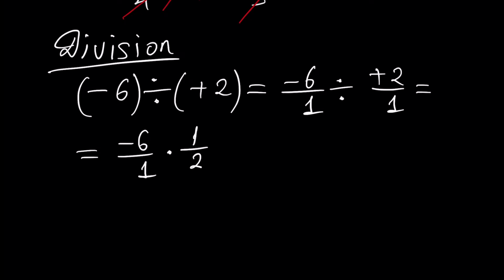We just have to interchange numerator and denominator here, and here we have sign minus, and here we have actually plus. So minus times plus is minus, and let's perform cancellations. So it will be minus 3.